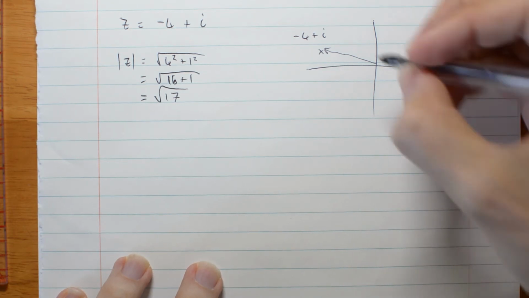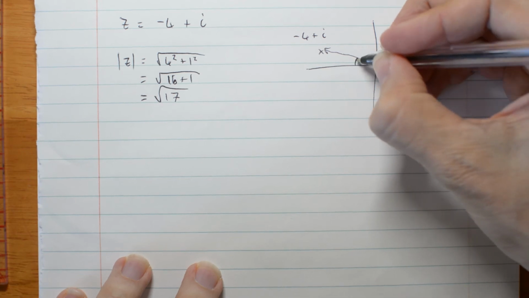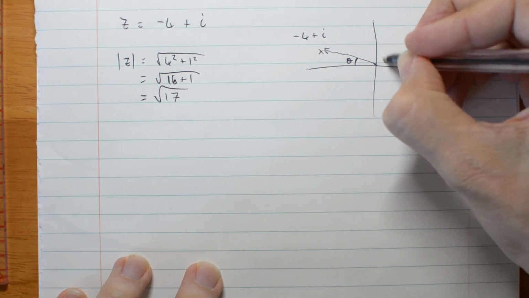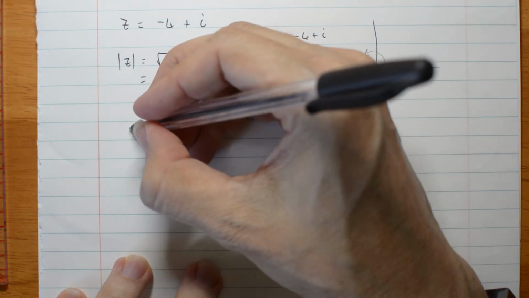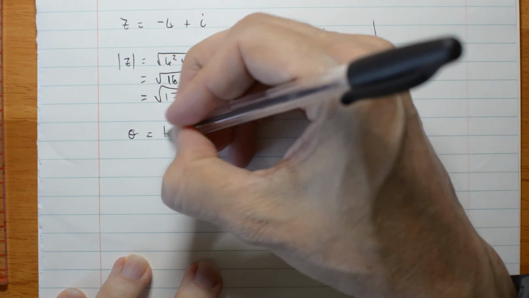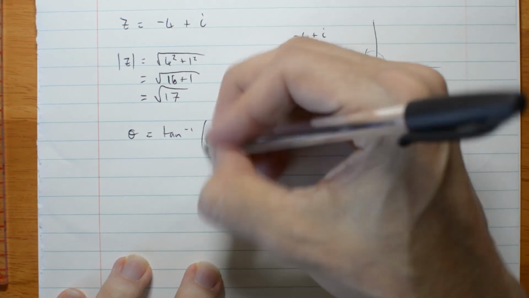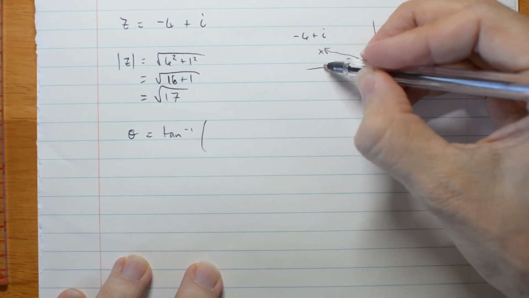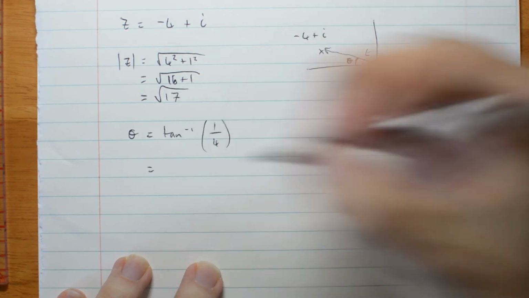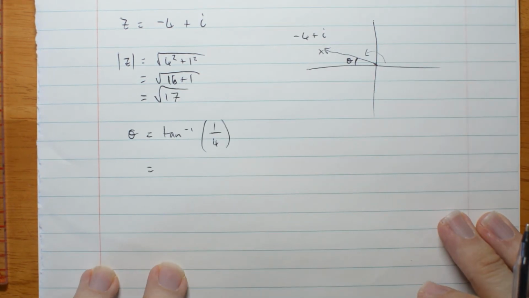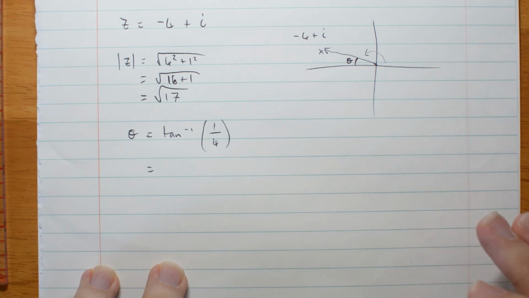How do I work out my argument? Well, I'm going to work out the acute angle first, and then I'm going to subtract it from pi to get my argument. So, theta is inverse tan of 1 on 4. Get your calculator, make sure it's in radians.